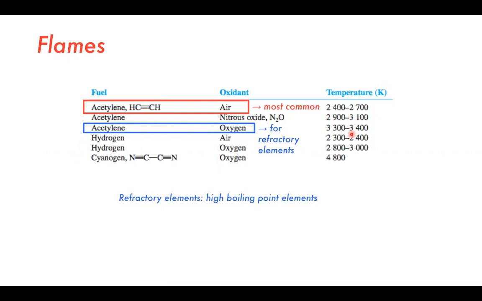So it's really quite hard to keep a consistent temperature in the flame. One thing you can do is change the ratio of the fuel to the oxidant, although it's still a bit of a fudge. It's not really a perfect fix.